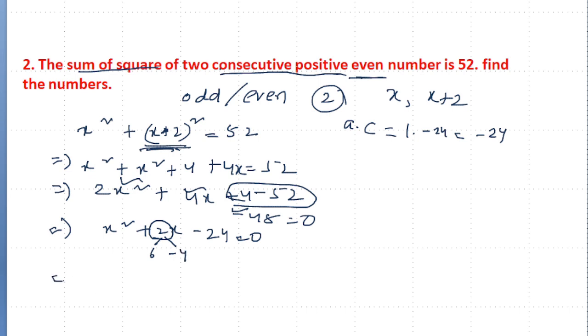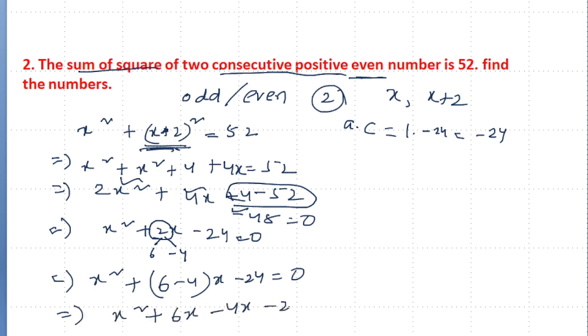Now split: x square plus 6x minus 4x minus 24 equals 0. Now take the common: x into (x plus 6) and minus 4 into (x plus 6) equals 0.